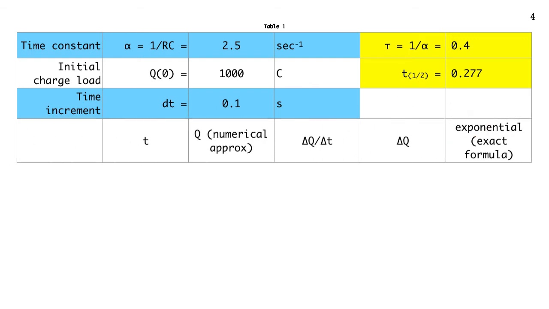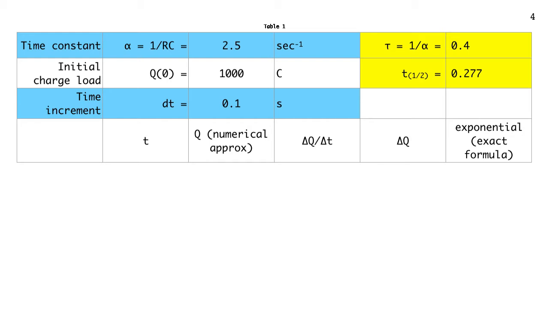All right, fourth line. Here we go. We're going to have a value for time. We're going to start with 0. And the numerical approximation of the charge load Q, we're going to calculate delta Q over delta T with alpha.